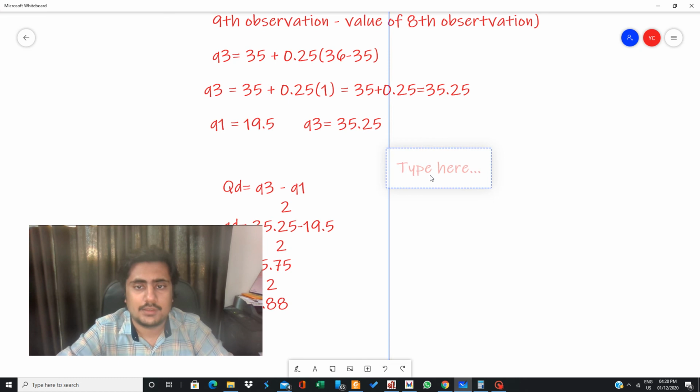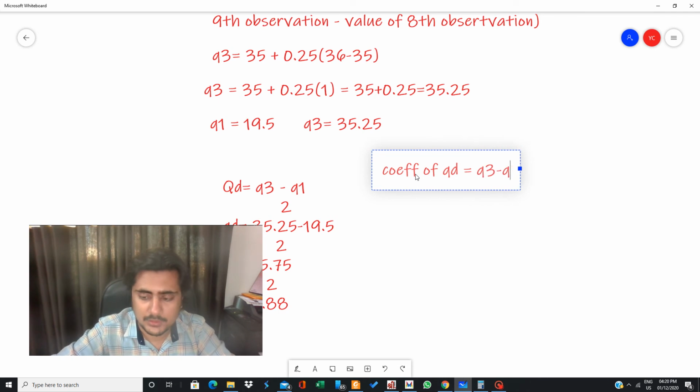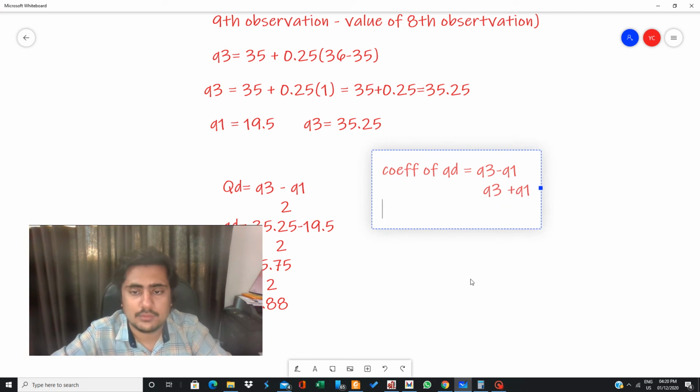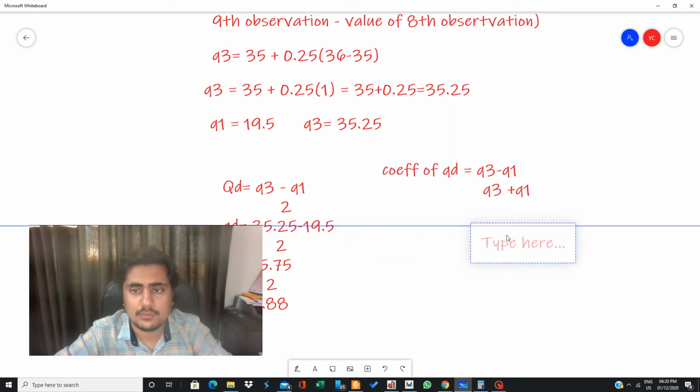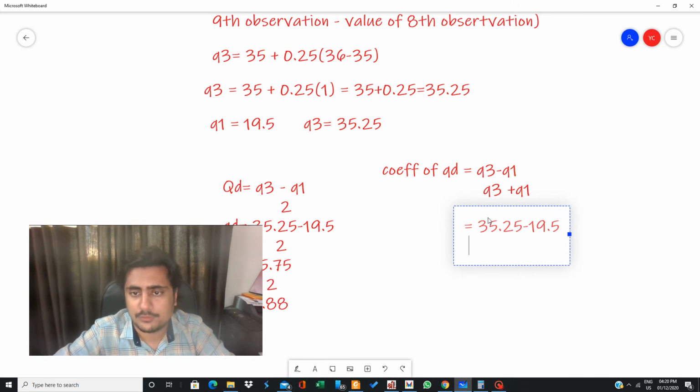In the same way we will find the coefficient of quartile deviation. It's Q3 minus Q1 upon Q3 plus Q1. It's 35.25 minus 19.5 upon 35.25 plus 19.5.